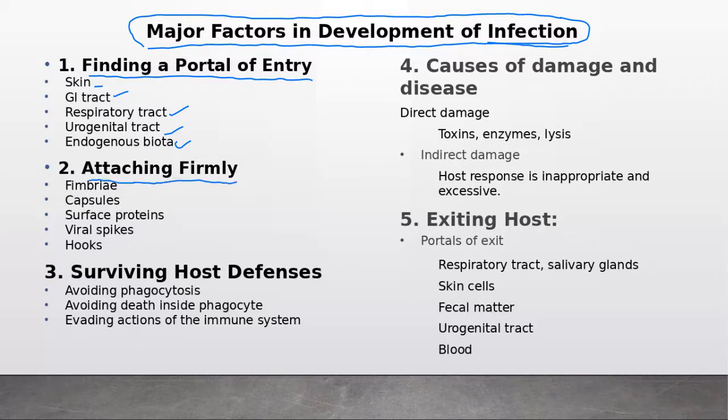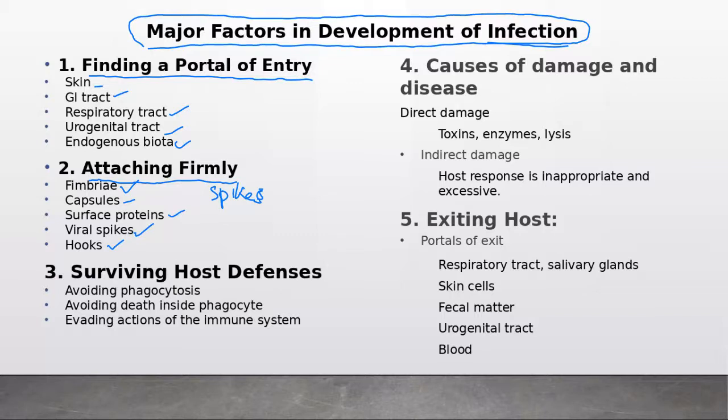After finding the portal of entry, they have to attach to this site. Remember, viruses use spikes to attach to the host cell. Bacteria use fimbriae, sometimes capsule or glycocalyx. Worms, for example, have hooks on their head to attach to the tissue or the cell.